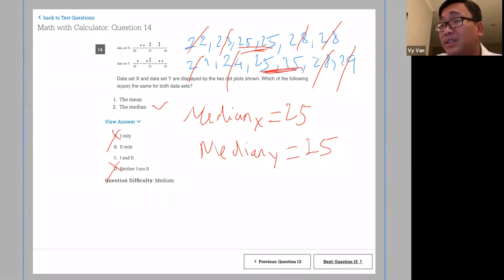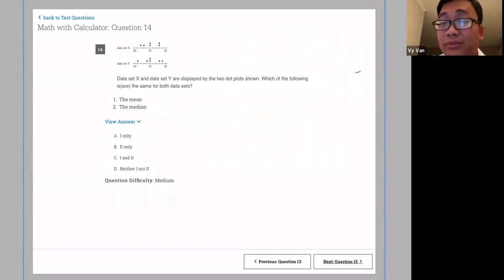The only difference in the two sets of data is that this is 28, 28, and this is 28, 29. So we know the mean is different for both of them. Okay, so I think the answer is 2 only. But you can also add them up, divide by 6, and check your answer. Okay, make sure. So it's B.